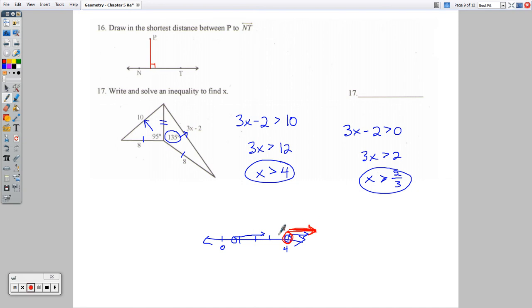Because if x was 3, it would be greater than 2/3, but it would not be greater than 4. Both have to be true at the same time. So this part doesn't work for this inequality. We don't have a compound inequality then. We just have this portion right here. x is greater than 4. So that's your final answer on that one.